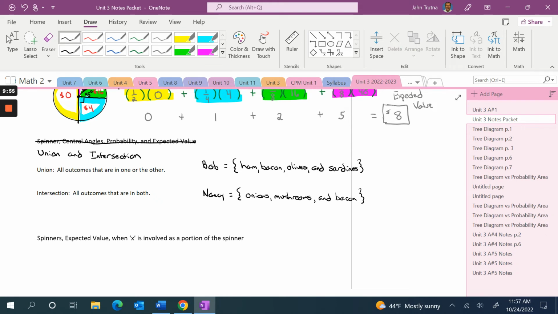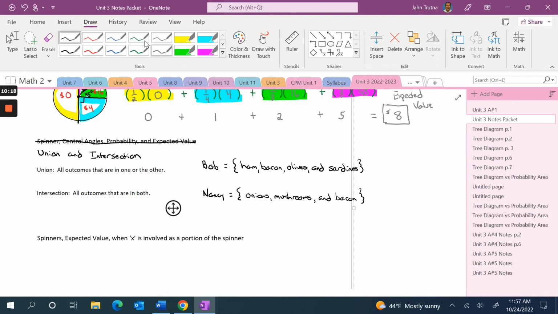The set of toppings for Nancy on her pizza is onions, mushrooms, bacon. Okay? We're going to find the union of Bob and Nancy's toppings, and then we're going to find the intersection between Bob and Nancy's toppings, okay?